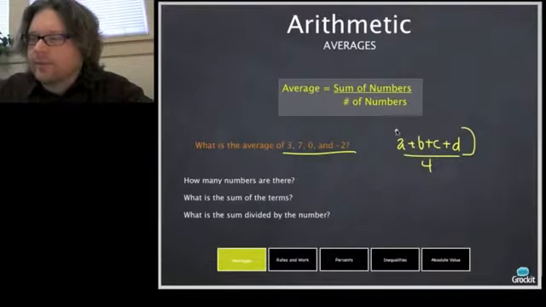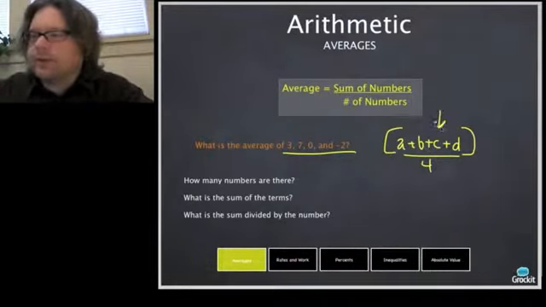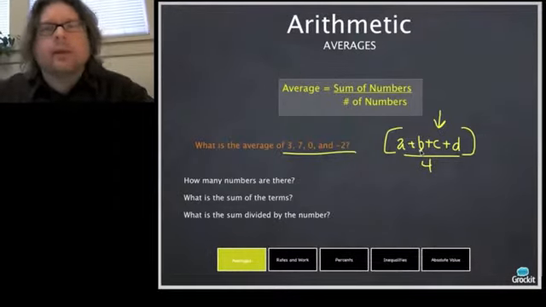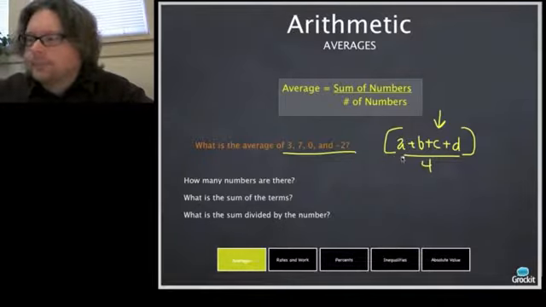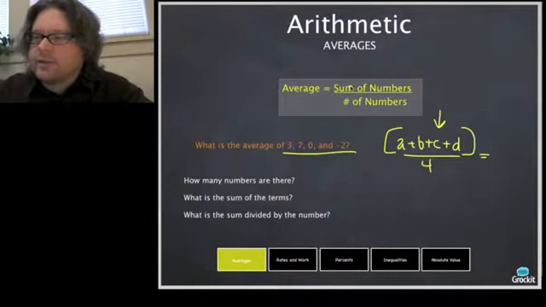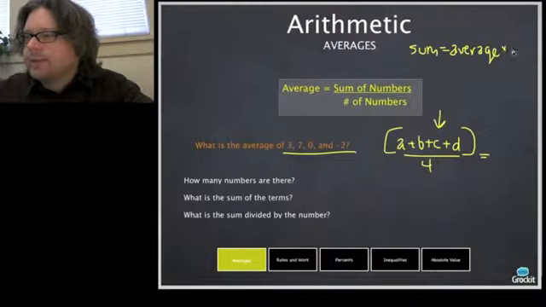The sum of the terms is sometimes helpful independently in these average questions, particularly if they leave one of these as a variable. You'll see what I mean as you do some of your practice problems in your homework. And so one of the things that you can also do, if the average equals the sum of numbers divided by the number of numbers, that also means that the sum is equal to the average times the number of numbers.